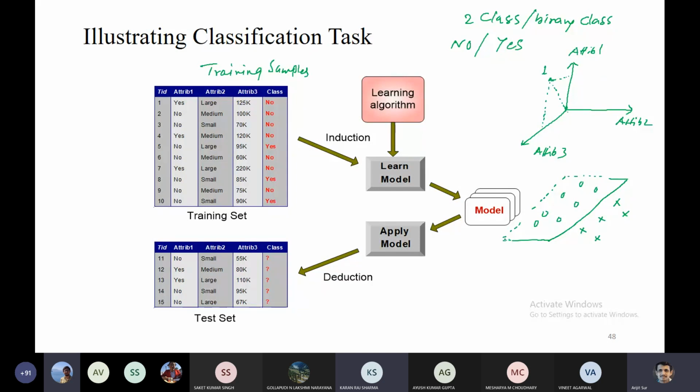Visually it's tough to say, but this is a plane that is separating. If it's linear, it's a linear plane; if it's nonlinear, it's a nonlinear hyperplane that is separating out these two things.